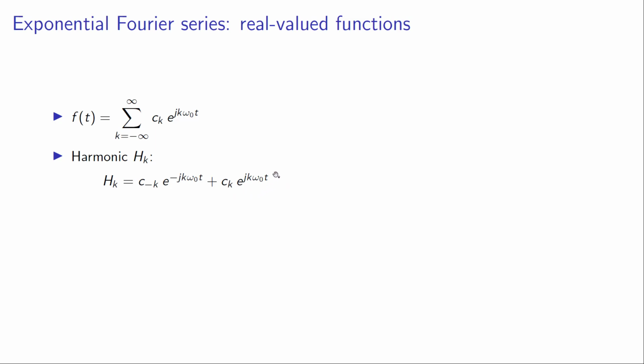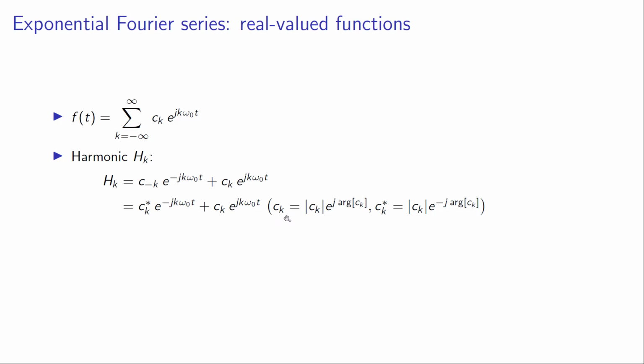This will be related to a phasor turning counterclockwise at the harmonic k times omega 0, and this phasor here will be turning clockwise. If we remember that c_minus k is really c_k conjugate, and if you write c_k in its polar form, here you have the modulus and here the argument, then you have that c_k conjugate is similar but with a minus sign over here.